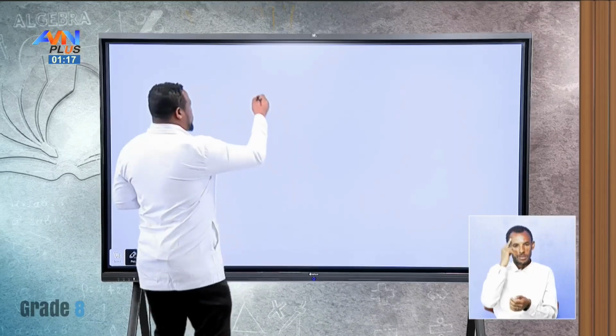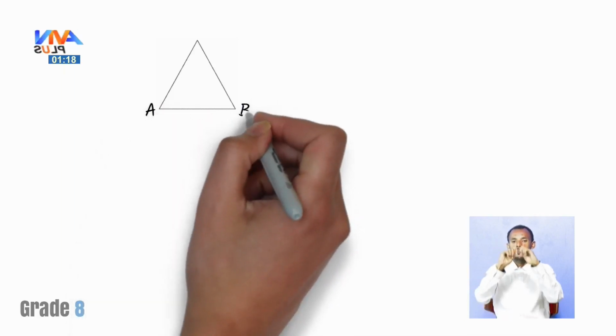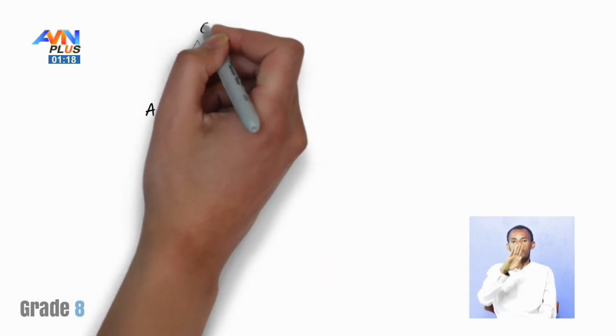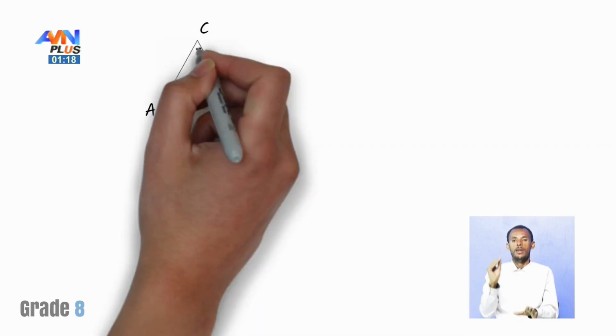Suppose we have a certain triangle ABC. The triangle has vertices A, B, C. Say the interior angles are alpha, beta, and theta. Okay?